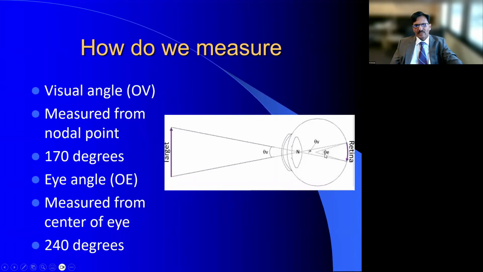On the other hand, if you measure from the eye angle, which is sigma e, E stands for the eye angle, that is what most of the fundus cameras notate for advertisement purposes. So as I mentioned, you have a maximum of 170 degrees of retina if you measure in a visual angle metric, but if you measure in the eye angle metric, it would be 240 degrees.